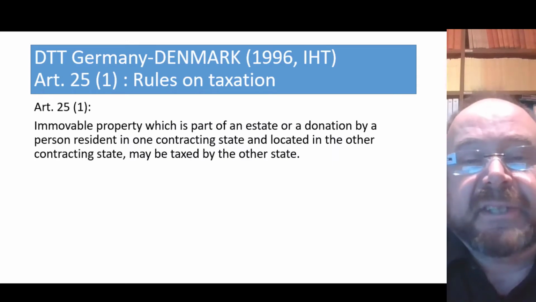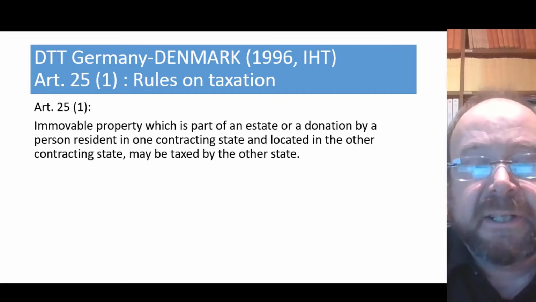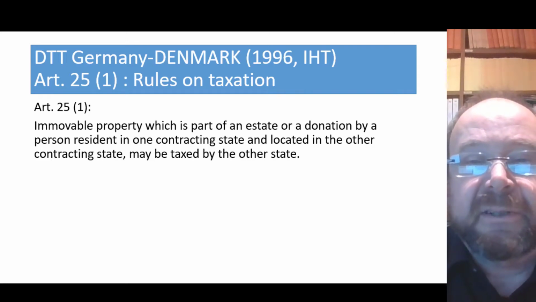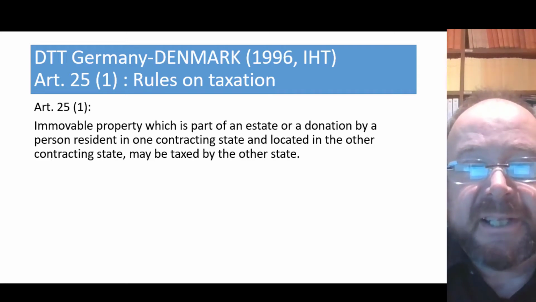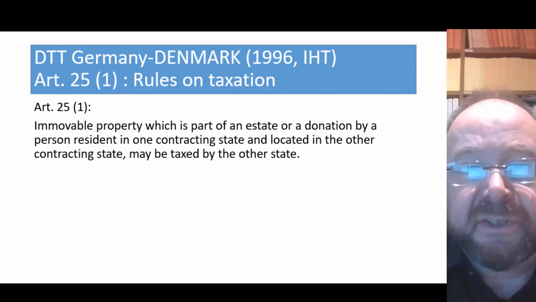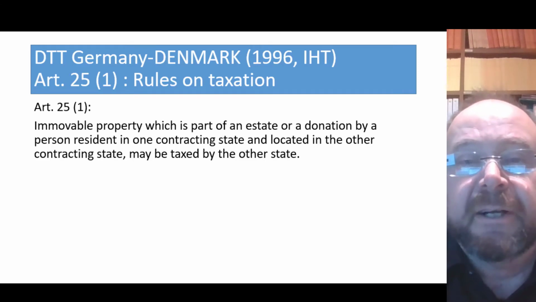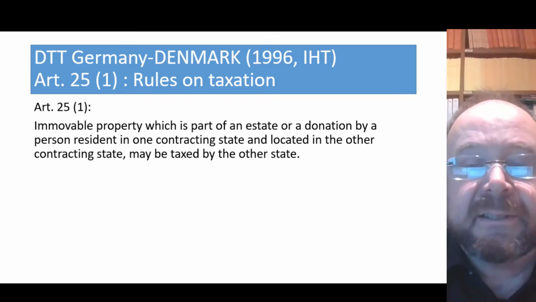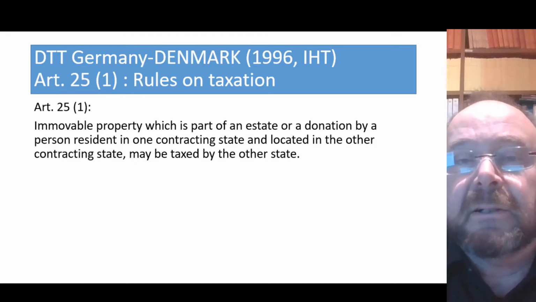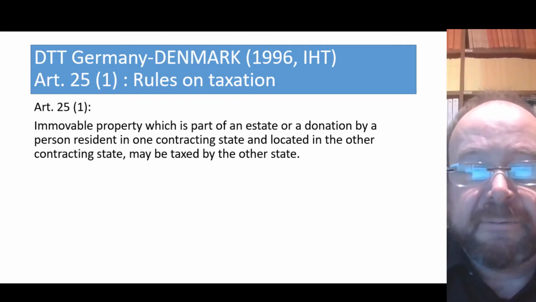When it comes to the section on inheritance tax, then you have here Article 25. There is the source state tax definition. So, under which circumstances does a state, Germany or Denmark, have the first right to tax because they are the source state? 25.1.